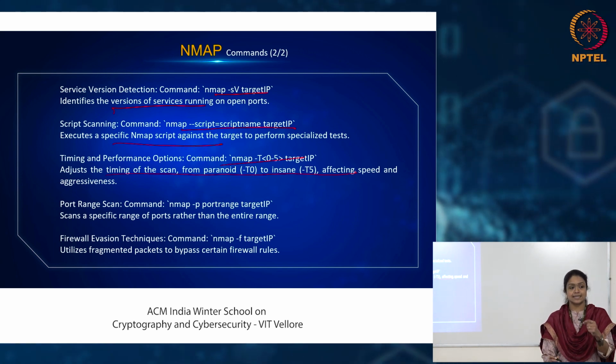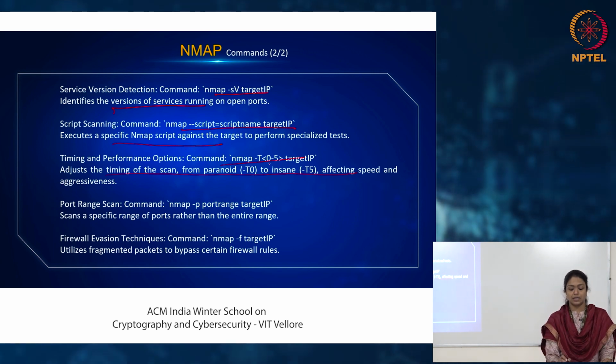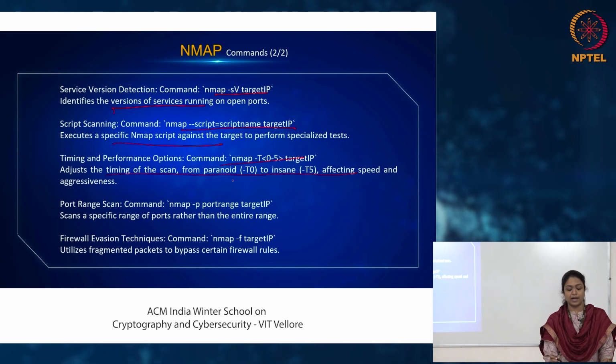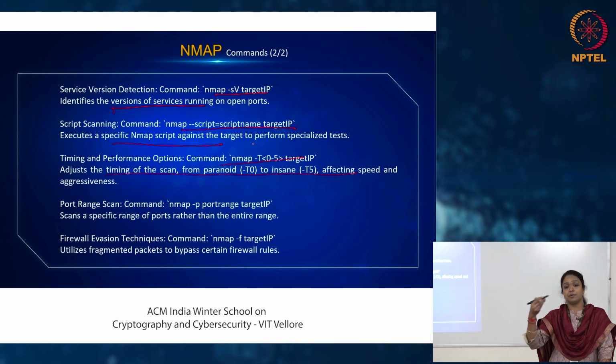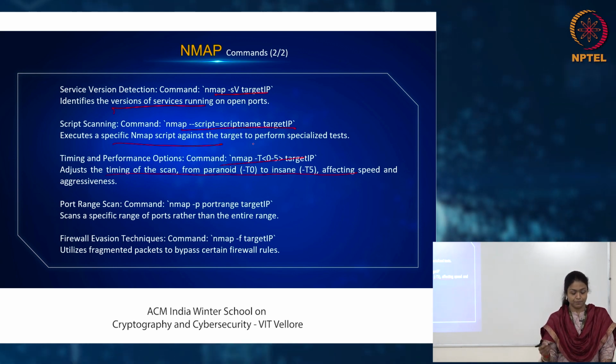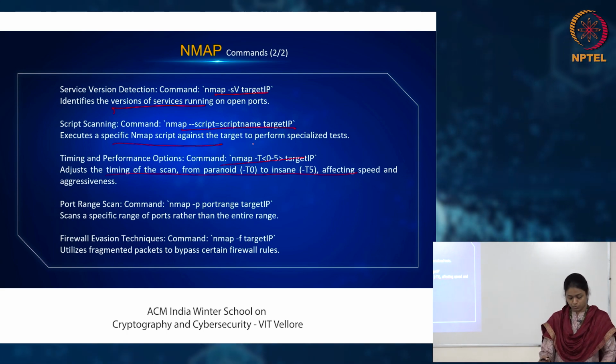I can increase the speed of it, ranging from 0 to 5. I will mention -T0 to -T5, so that if it is T5, it will perform at a very high speed.